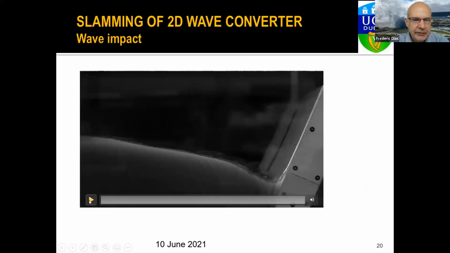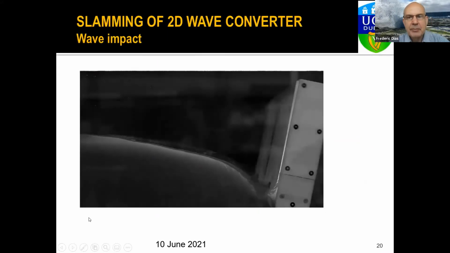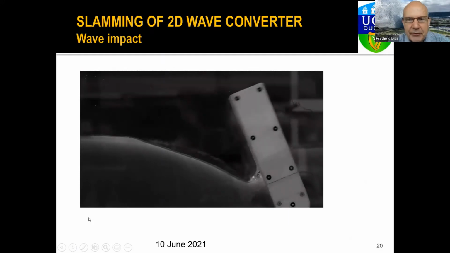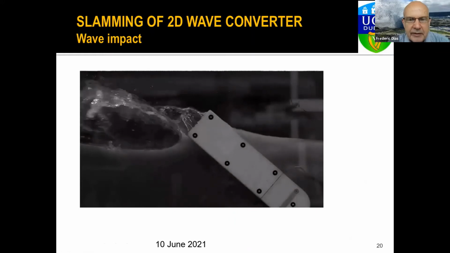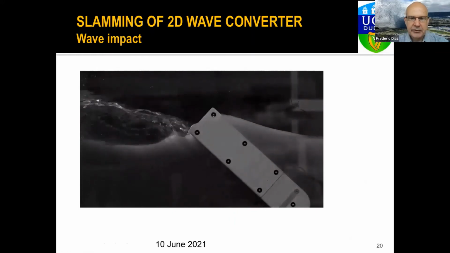And now we see better what happens in 2D. That's the flap coming back, and then this slamming again, and then the generation of this jet. We wanted to use the elementary loading processes to understand this. It's mostly dominated by Wagner, but there are definitely some compressibility effects as well.